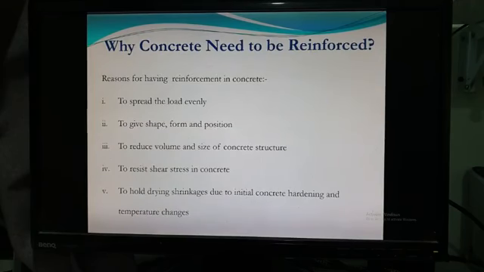If you use mass concrete, obviously the ground beam will be a lot thicker compared to using reinforced concrete for your ground beam, because by using reinforced concrete, you can make the ground beam a lot thinner. And then the reinforcement also resists shear forces, and it is able to withstand shrinkage.